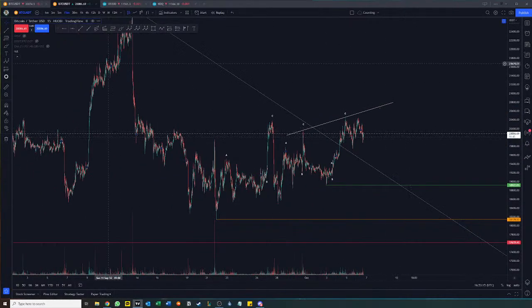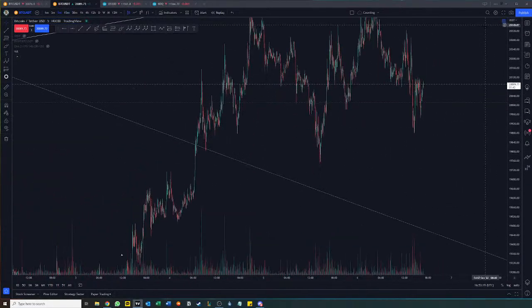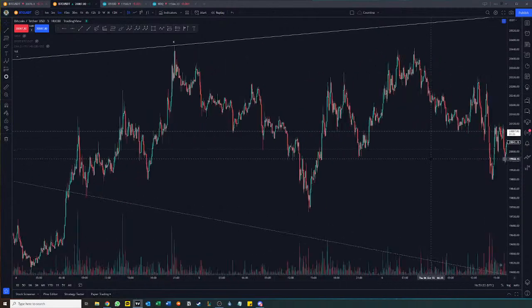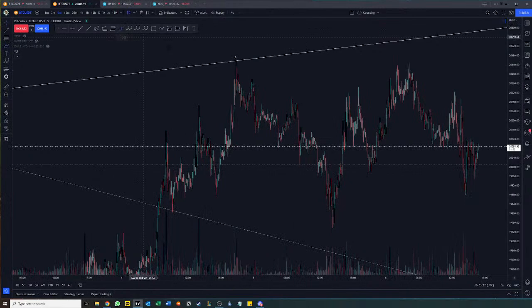Let's see. Smaller time frame. What's happening? I did counting until here. Let's count until our current time frame. If I look at here, I see this triangle. A B C, A B C, A B C. Yep, this triangle.